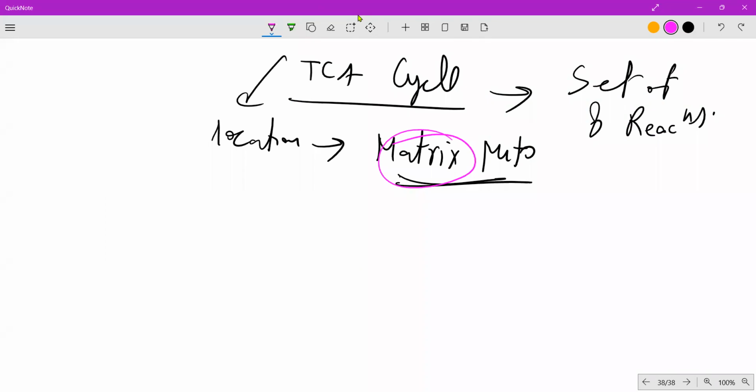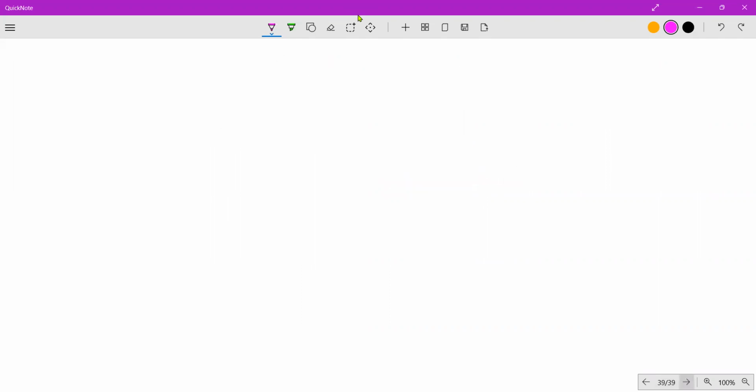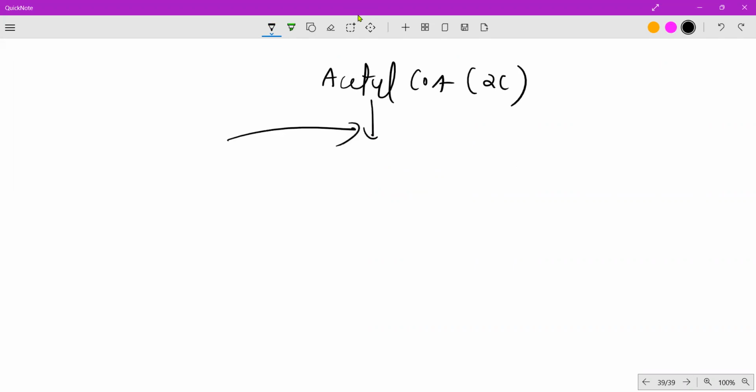TCA cycle. Set of 8 reactions. Roughly, what happens? Starts with acetyl CoA. यहीं से तो स्टार्ट हो रहा है ना सब कुछ. 2 carbon compound, acetate group. This combines with another compound called oxaloacetic acid.